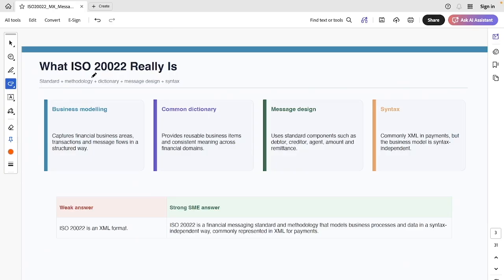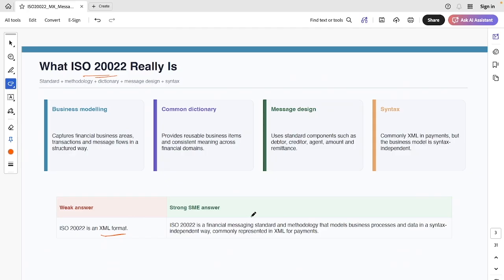A common mistake is to say ISO 20022 means XML format. That answer is not completely wrong, but it is incomplete. It is like saying a bank is only a building. So the building is visible, but the real bank is the processes, right? The real bank is the processes, accounts, rules, controls, and the services behind it.